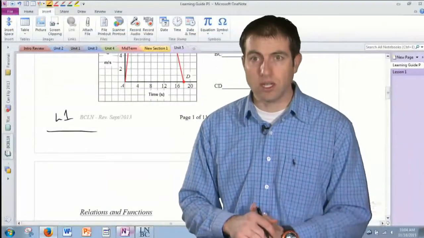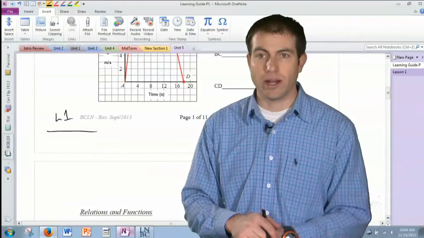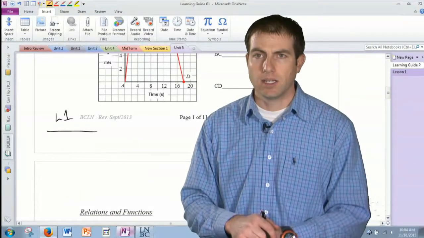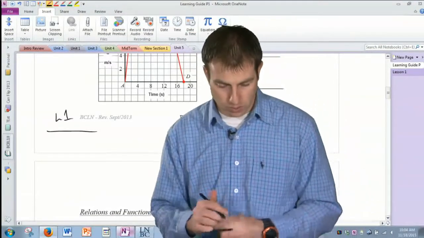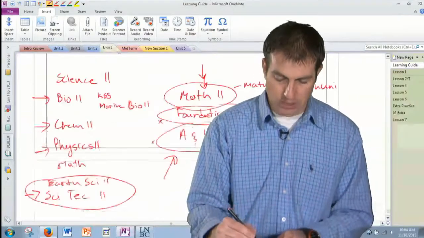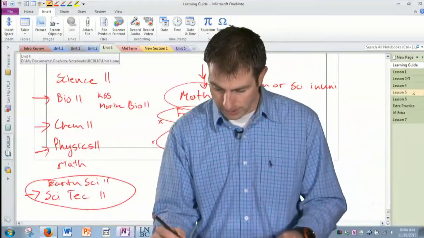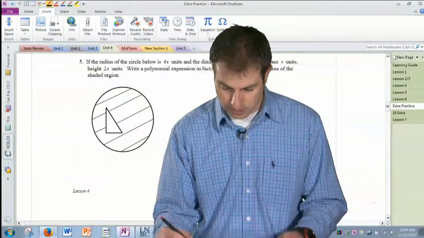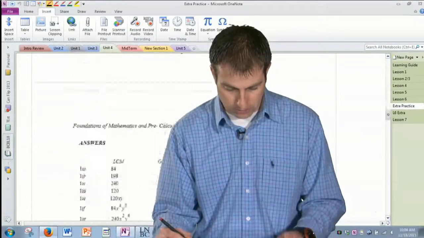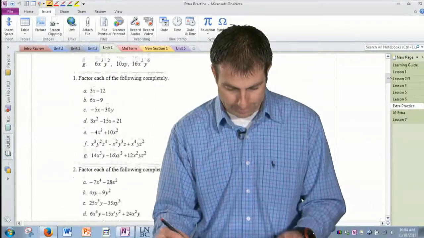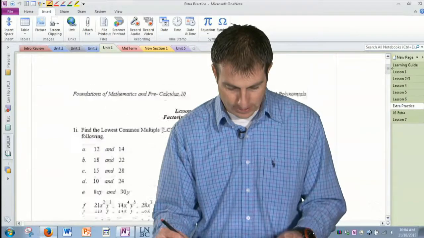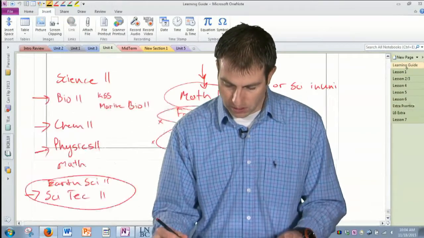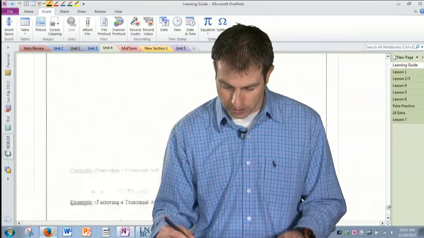So difference of squares. I think that is what Abby was asking about. So I'm going to just jump back to Unit 4. Extra practice. I don't think there's difference of squares stuff in here. Maybe I did all the difference of squares questions in the learning guide, didn't I?